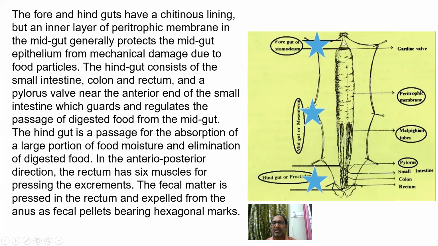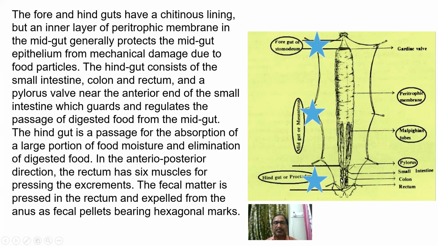Due to the presence of this chitinous layer in the anterior and posterior, they are hard in nature, and the peritrophic membrane in the midgut region will protect the body against the mechanical shocks and damages which will occur during the course of food particle digestion.